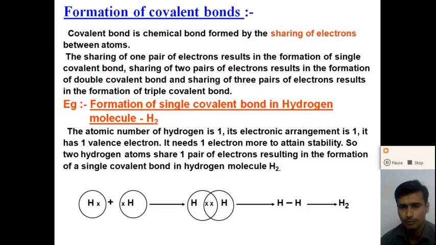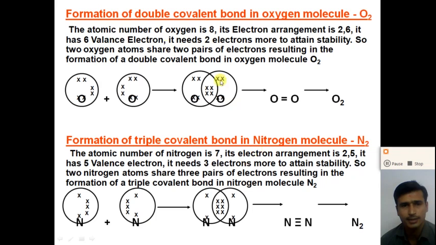One electron from one hydrogen atom, one electron from the other hydrogen atom, shared, forms a covalent bond between the two hydrogen atoms, and the hydrogen molecule forms, right? Understand?